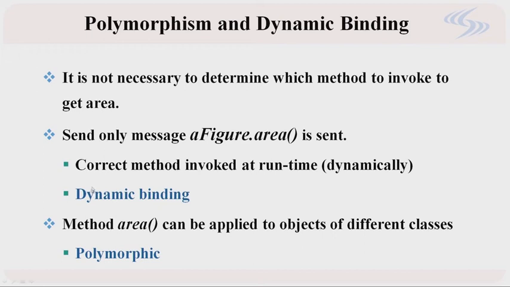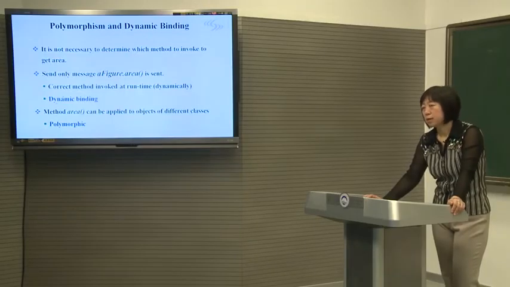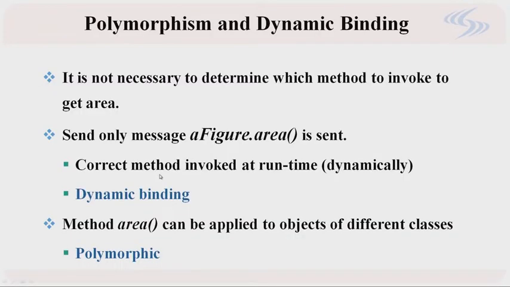And then the correct method will be invoked at runtime. That means dynamically by the system. So the designer and the programmers don't need to worry about it. Since the correct method will only be invoked at runtime, that means dynamically, such a paradigm can also be called dynamic binding.